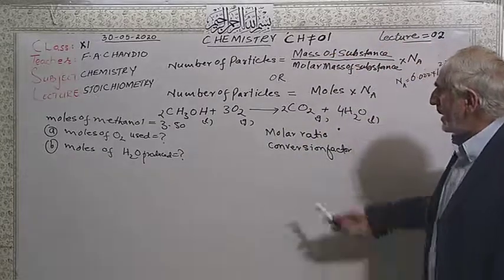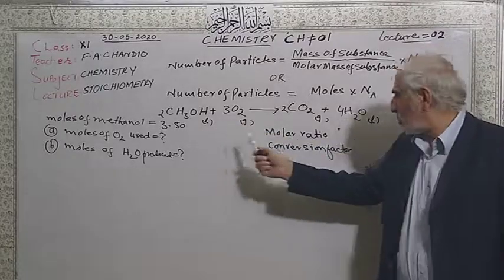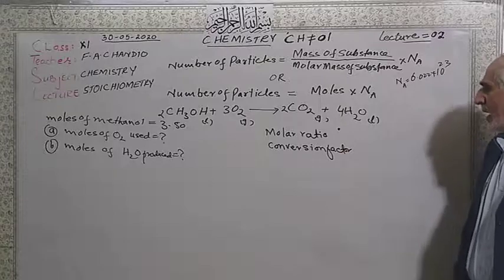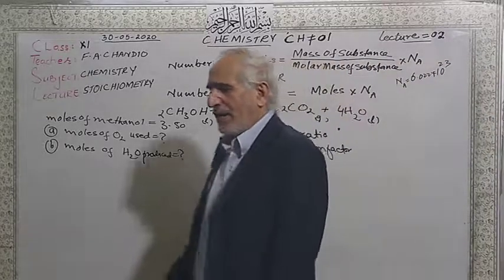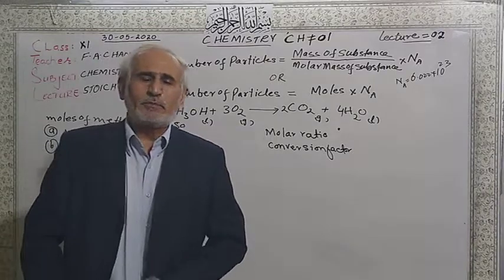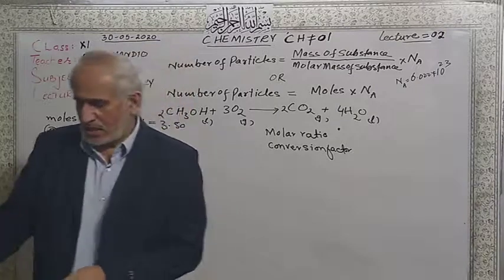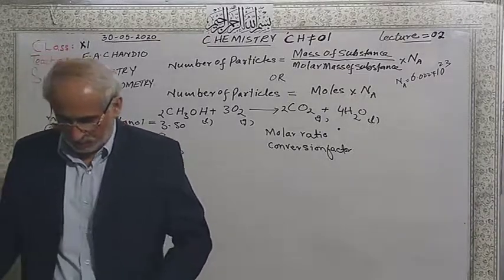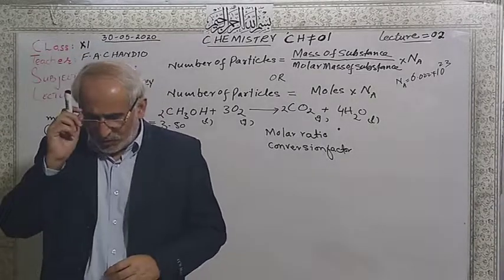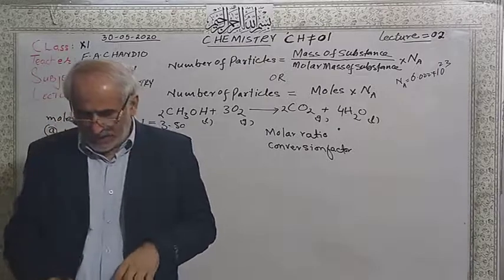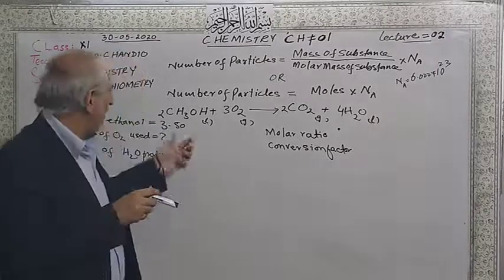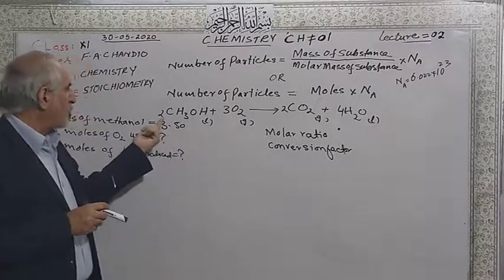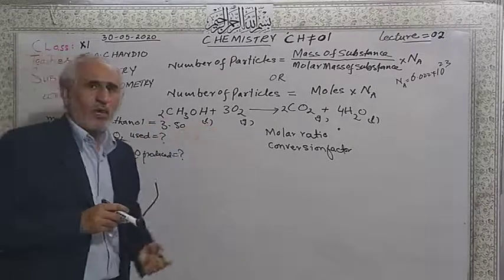So before this calculation, these 2 points are very important. One is the molar ratio and the other is the conversion factor. You should know these things. So what is the molar ratio, dear students? The ratio of number of moles on the reactant side: 2 moles of methanol, 3 moles of oxygen.